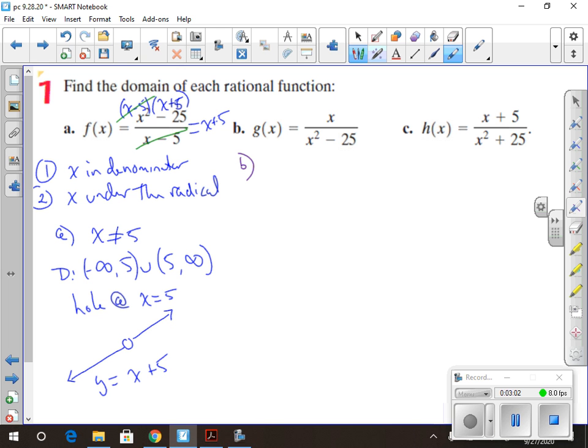Part B. We're going to rewrite this as x over x minus 5, x plus 5, and we know then that x cannot equal plus or minus 5. There's nothing that cancels, nothing that simplifies. So our domain now is negative infinity to negative 5, union, negative 5 to 5, union, and 5 to infinity.